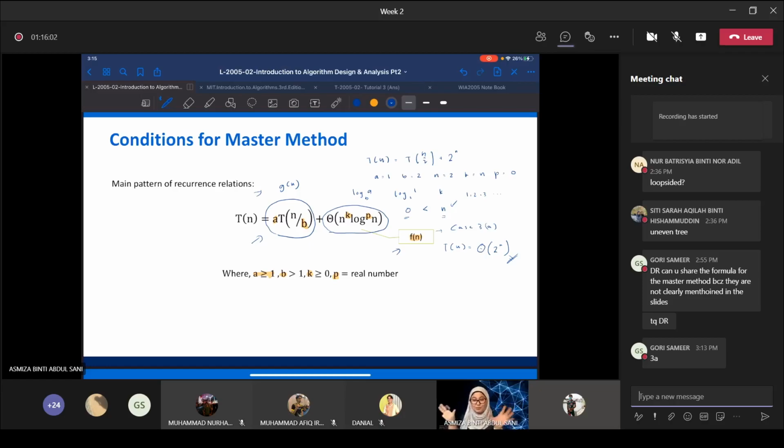Do you get what I mean? Oh yeah, makes sense. So for this question, we already know that this is going to upper bound whatever function we have on the other side, because this is exponential, right?